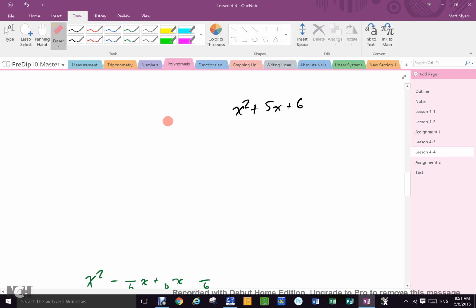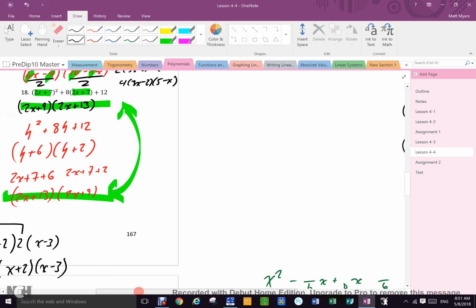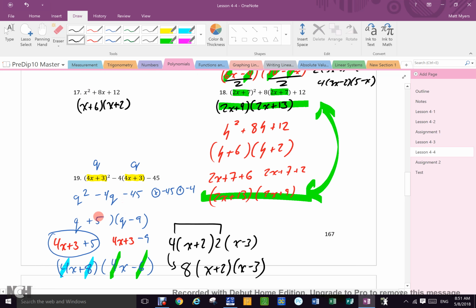Factor that. Multiply to 6 and add to 5. What is it? 2 and 3. X plus 2, x plus 3. When you FOIL, the x gives you your x squared. So, when you FOIL this, the q... Oh, now I see it. Woo! Got it. Okay.